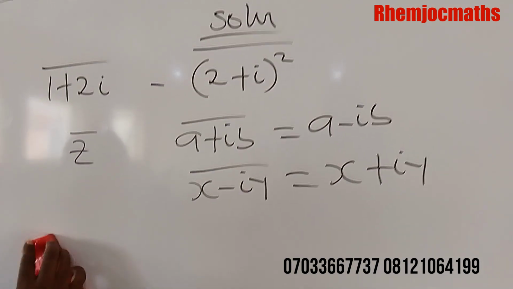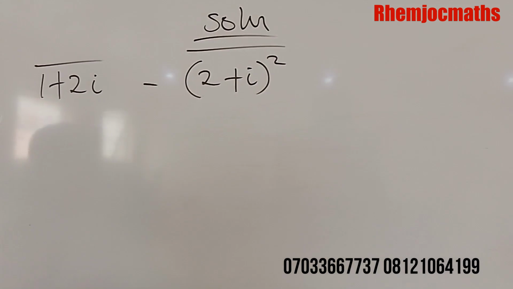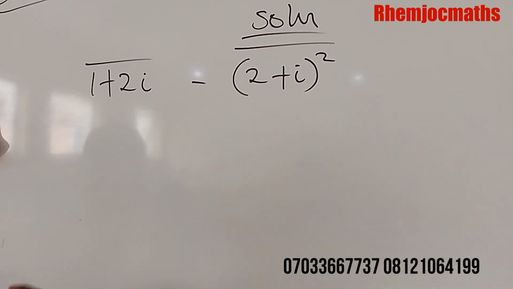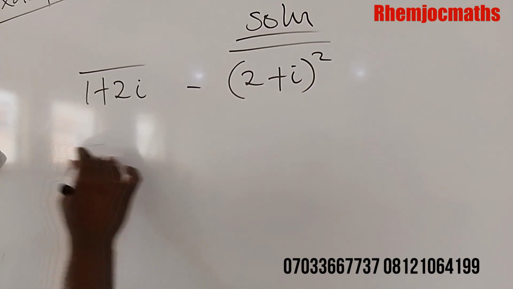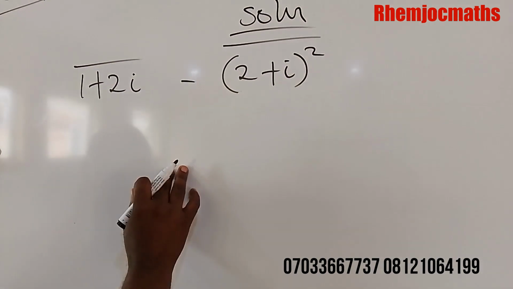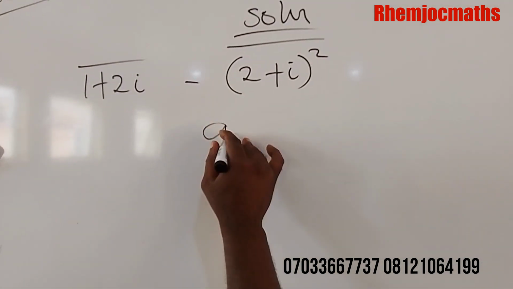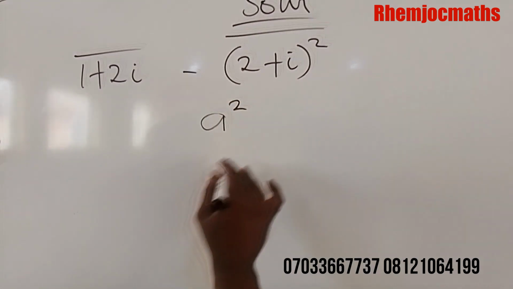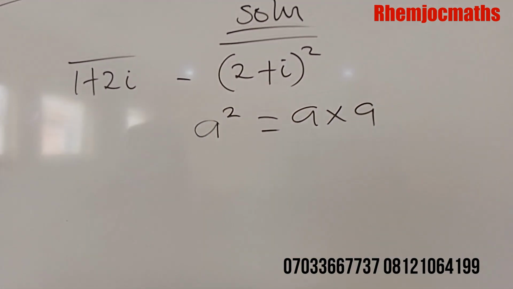It's not difficult. Just listen to me. Before we look at this, I want us to know that if we have a raised to the power of 2, it implies that this is the same thing as a times a, true or false?